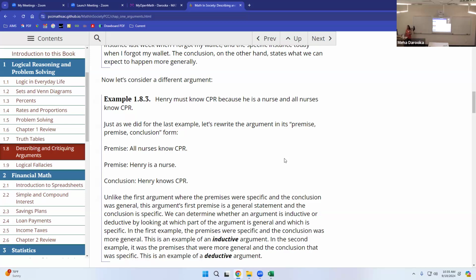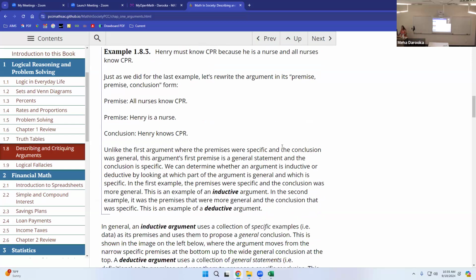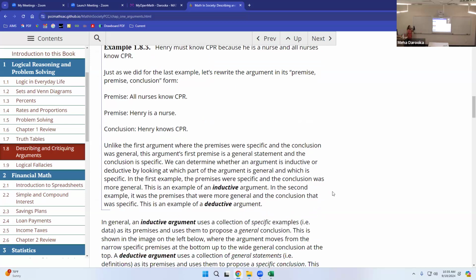So in this case, the premise is actually a general statement because we are saying all nurses must know, right? So we're generalizing and saying anybody, which is kind of the expectation. If somebody tells you they are a nurse, you're automatically going to say, oh, you know this or you know that, a couple of things, one of them being CPR. So you're starting out with a general premise and saying all nurses know CPR.